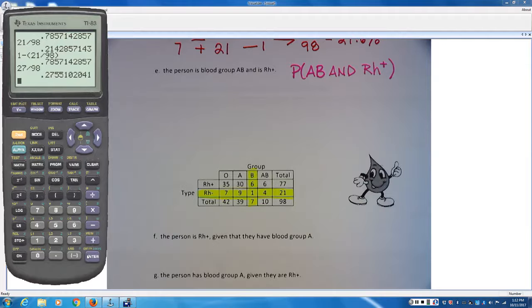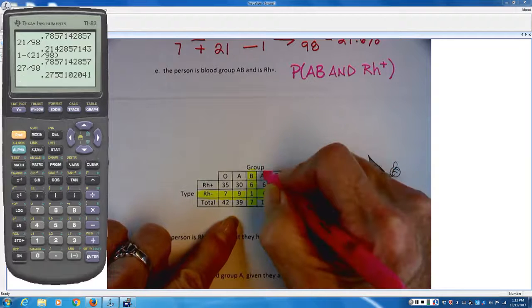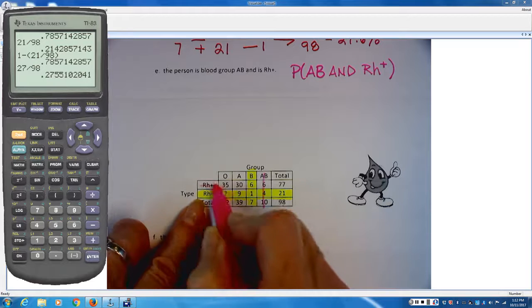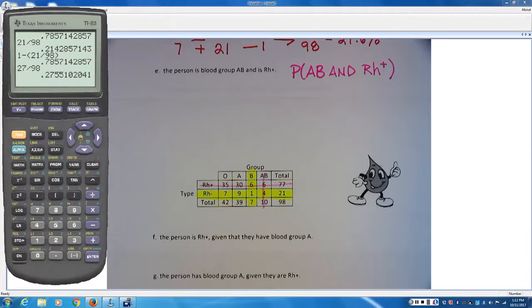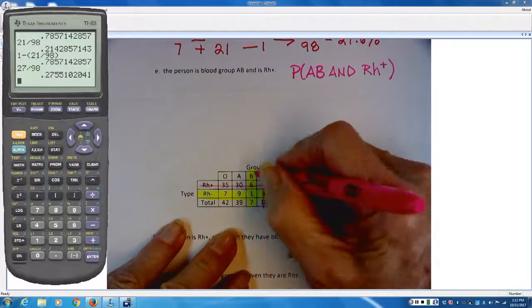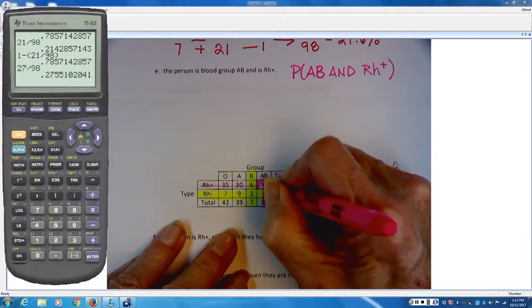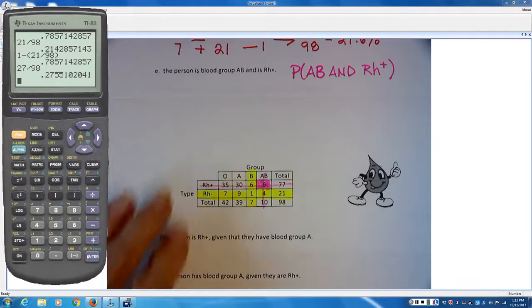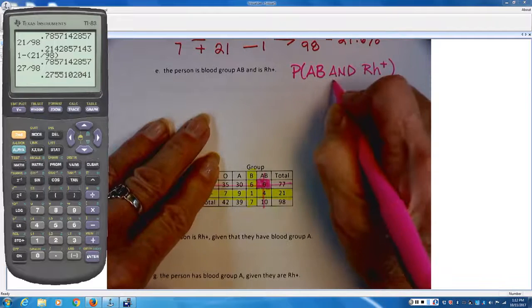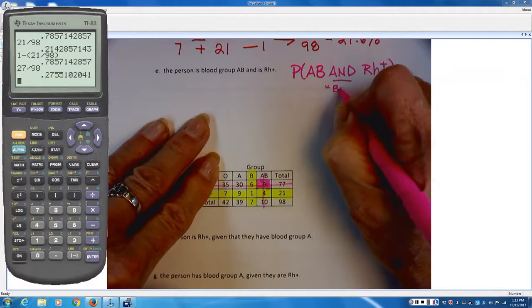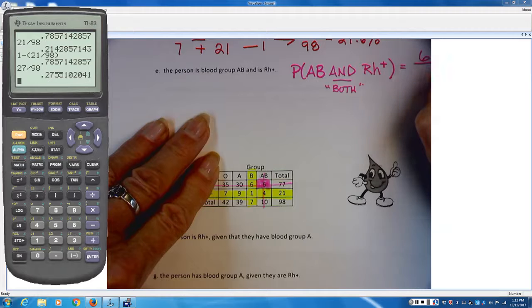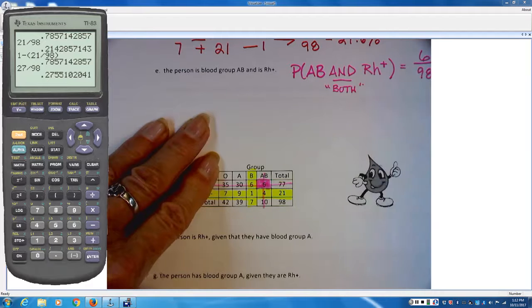So for that answer, I've got to look at the people that are type AB and are Rh positive. And that turns out to be these 6 people right here. So that answer is going to be the 6 people that have both these characteristics, out of the whole entire group, which is 98 people.